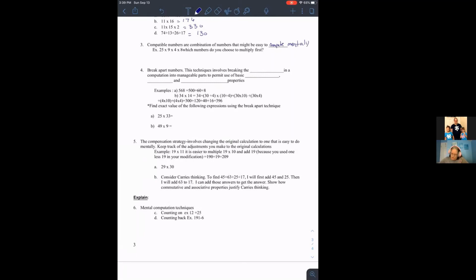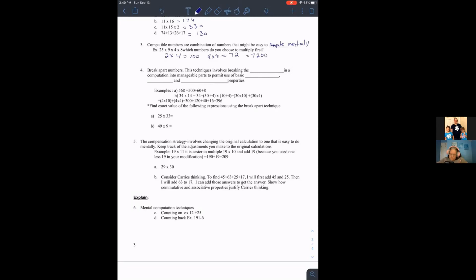Which numbers do you choose to multiply first? I would multiply the 25 times 4 because I know that's 100, and then I would multiply the 9 times 8 because I know that's 72. So then 100 times 72 would be 7,200.